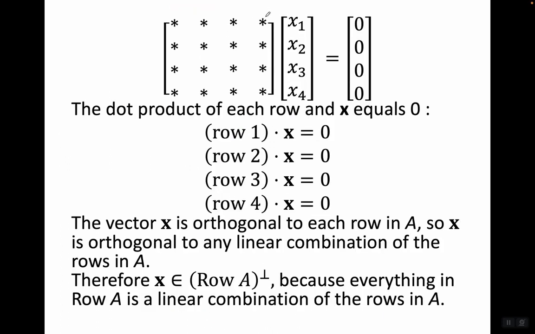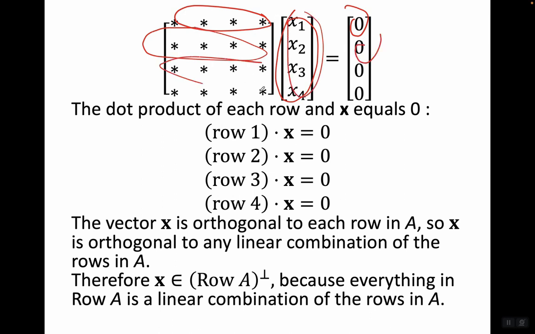Notice what this implies. The dot product of row 1 and x is going to be 0. And the dot product of row 2 and x is going to be 0. The dot product of row 3 and x is going to be 0, and the dot product of row 4 and x is going to be 0.